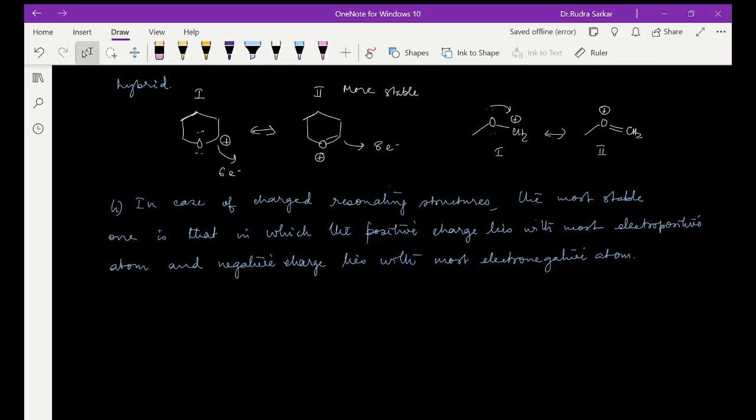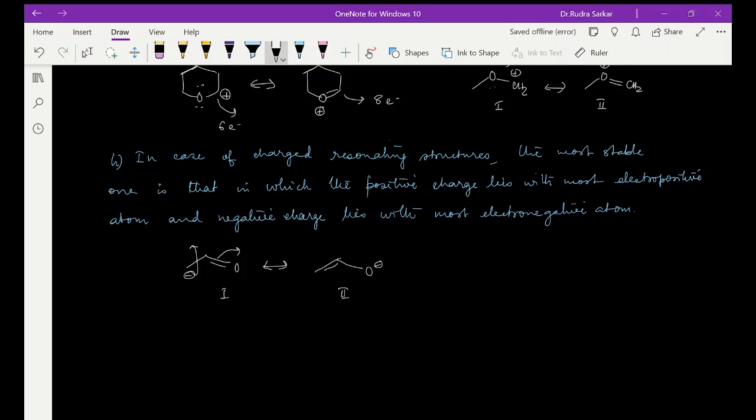Okay, so this can be understood by the following example. Suppose in one structure we have the negative charge on carbon, but on doing resonance we can see the charge shifting towards oxygen. So structure 2 will be more stable than structure 1.